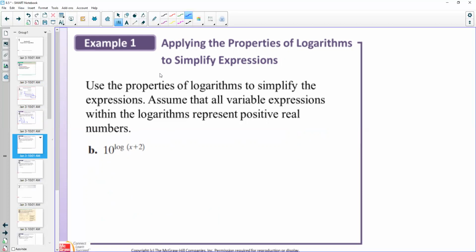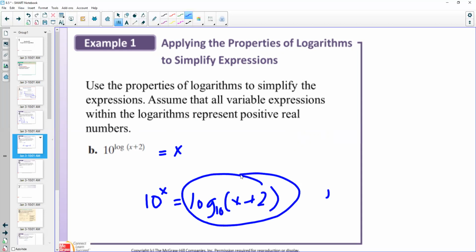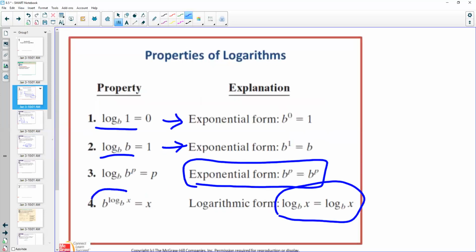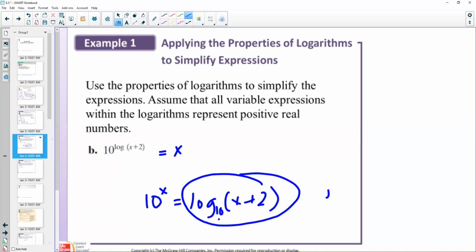So if we go back to this rule, base 10 to the log of the same base of x equals x.